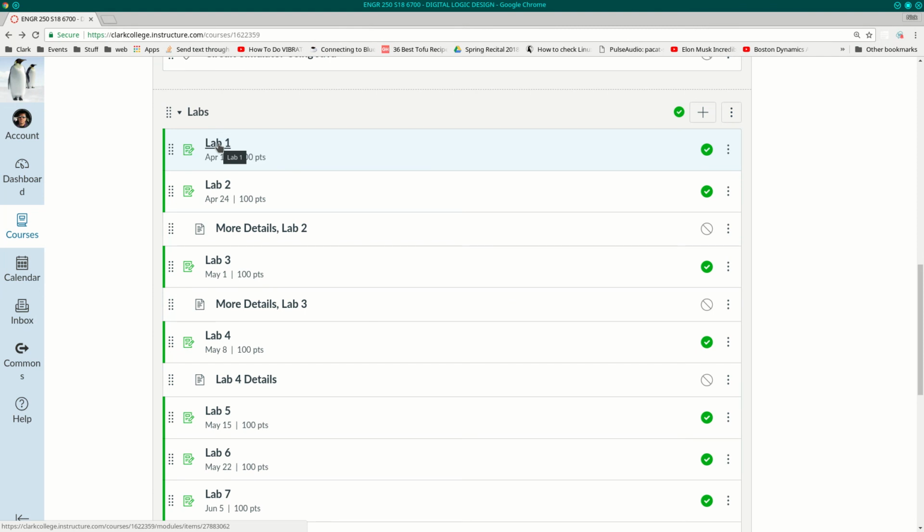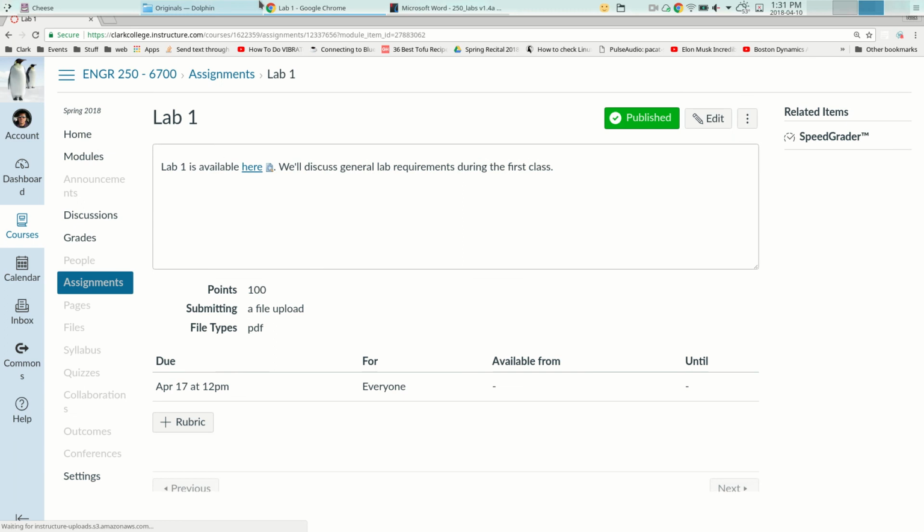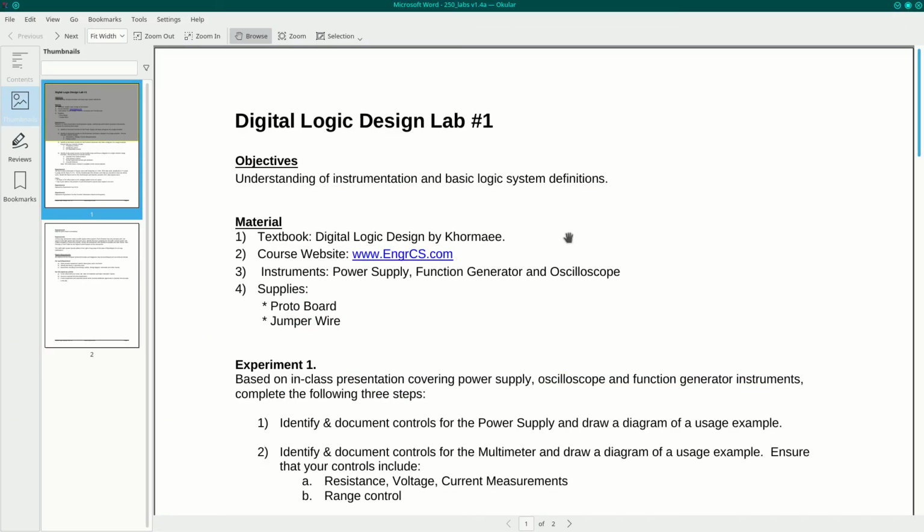And if you've seen the old syllabus for this course, don't use the old syllabus, okay? Because the old syllabus pointed to different labs, pointed to different homeworks, and so on and so forth. So I've got a link here to Lab 1, but it's basically this.